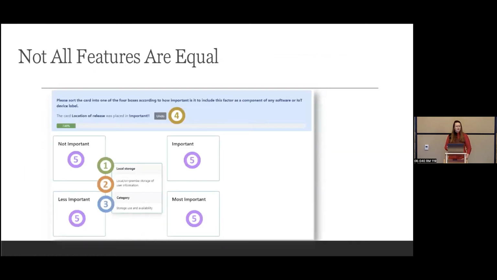But not all features are equal. So we have this little experiment, which I am happy to mail out to you if you want to participate in. Yay, I would love you to participate. We just ask people what's important and what's not important. So here is an example, local storage category.